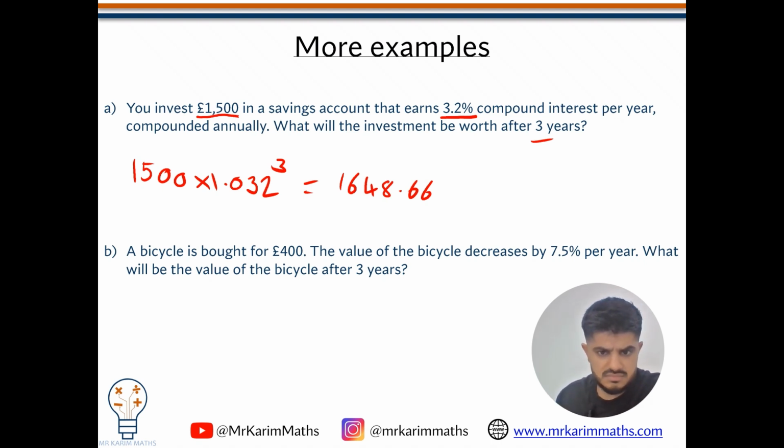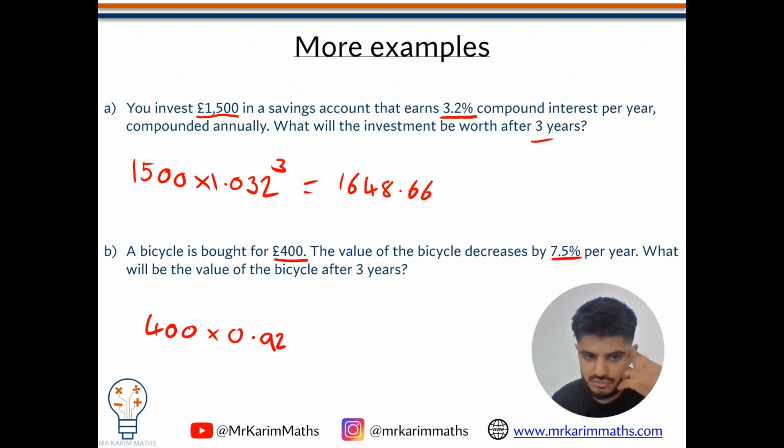Again, bicycle example. £400 is your principal, so that's the first thing you will write. Then it says it decreases by 7.5% per year. If you haven't seen that multiplier video on percentage increase and decrease, go and get really good at that, and then this will seem like a piece of cake. So 100 minus 7.5 is going to be 92.5, so my multiplier is 0.925 to the power of 3.